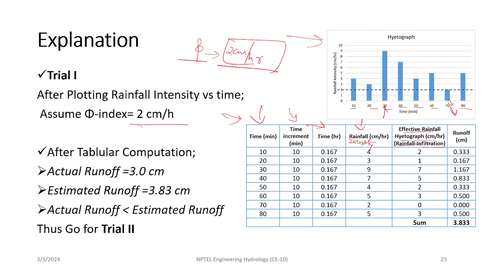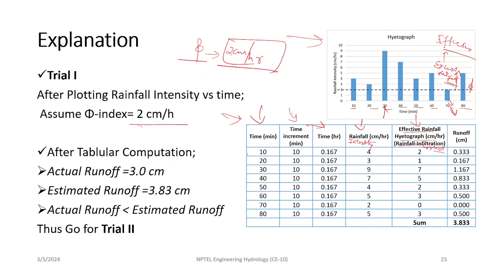So rainfall minus losses. Now try to see whether you are getting this value or not. Effective rainfall, as I just mentioned, is whatever excess rainfall falls over the phi line we have plotted; this is entirely excess rainfall only. Got it? And excess rainfall is nothing but effective rainfall.